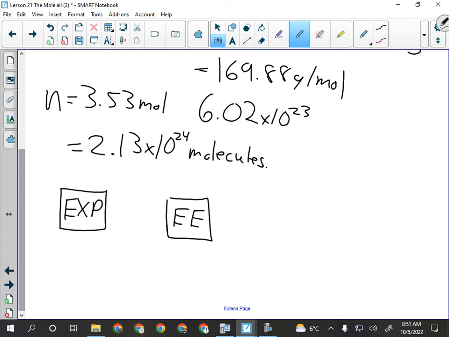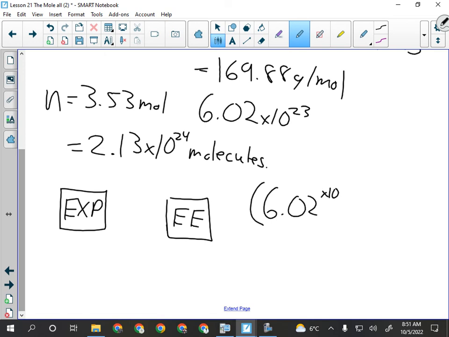Now everything works the same. If I am using either one of these buttons, I still put a bracket, go 6.02, and then I hit either one of these buttons, whichever one my calculator has. Usually on a calculator with a smaller screen, it'll put a little icon up top that looks like that, and it just tells you that the next number you enter is going to be the exponent on the times 10.